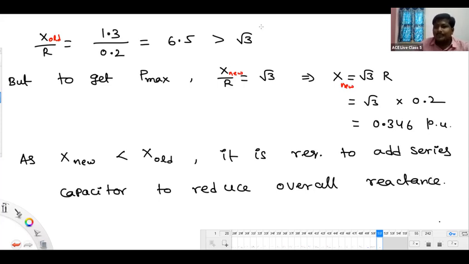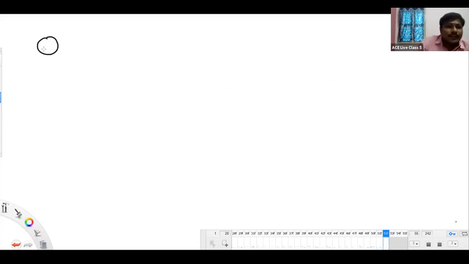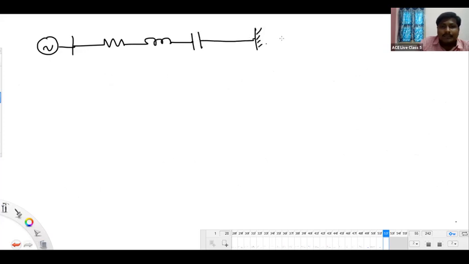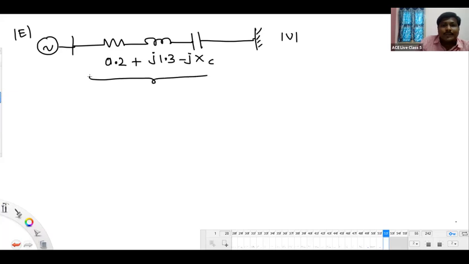Now, in the next step, very simple. I'm showing a network like this. It is the overall reactance of the old one, and we added one capacitor. This is the infinite bus, and this is the line, 0.2 plus j1.3 minus jXc, after adding the series capacitor.